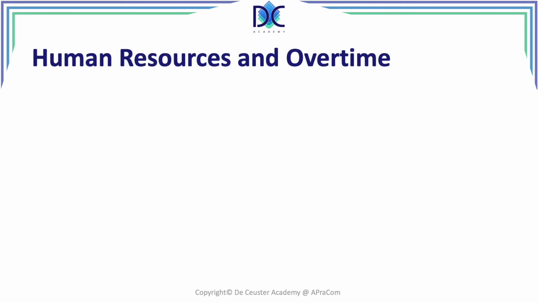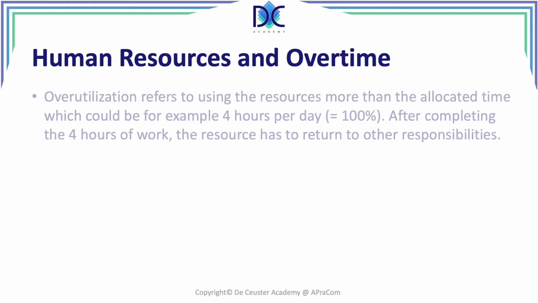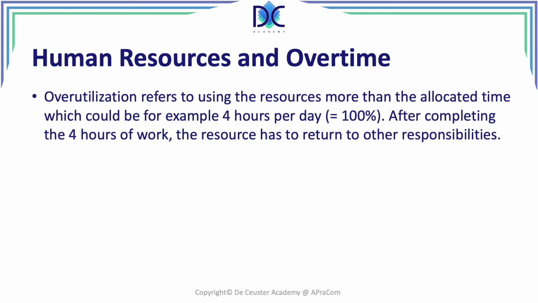When we look at resources, we also consider the element of overtime. Overutilization means that we are allocating people more than 100%, 100% being the number of hours they have been allocated on the job. So basically, after 4 hours of work, the resource has to go back. That's what we typically look at as overutilization.